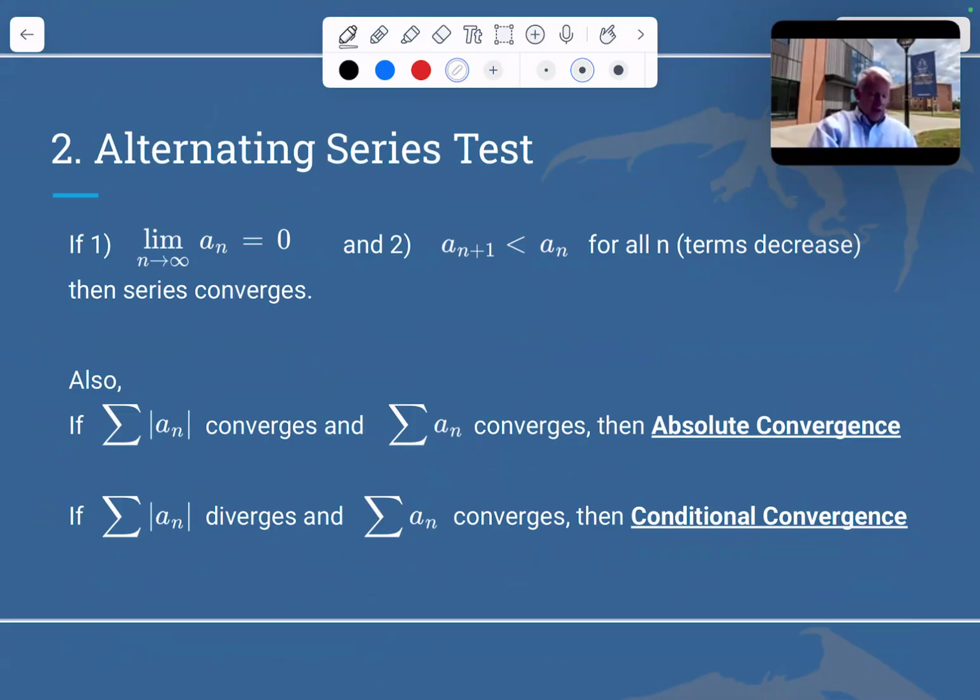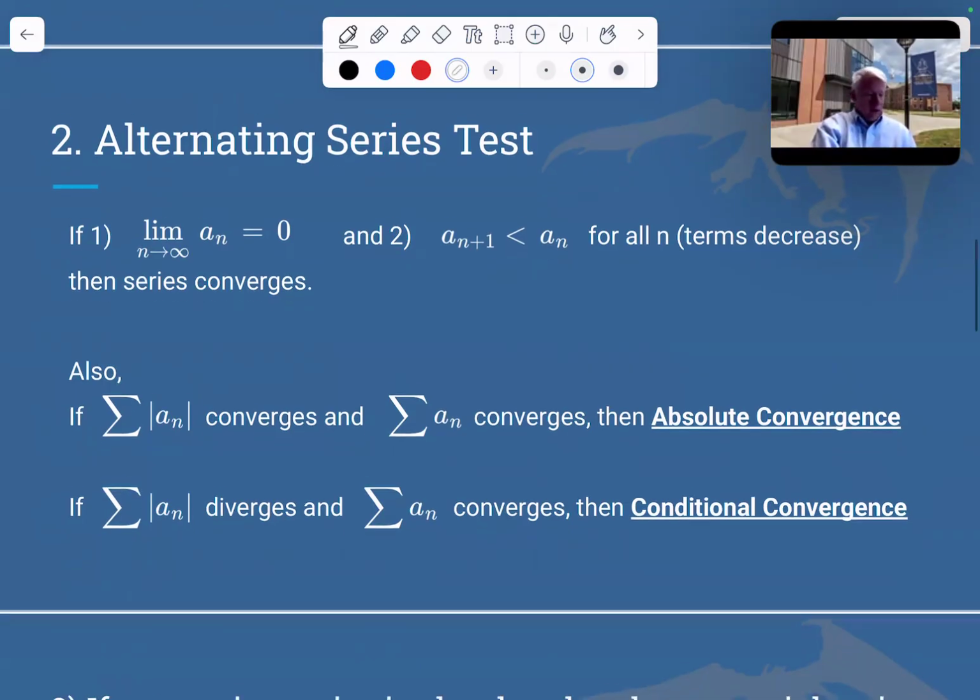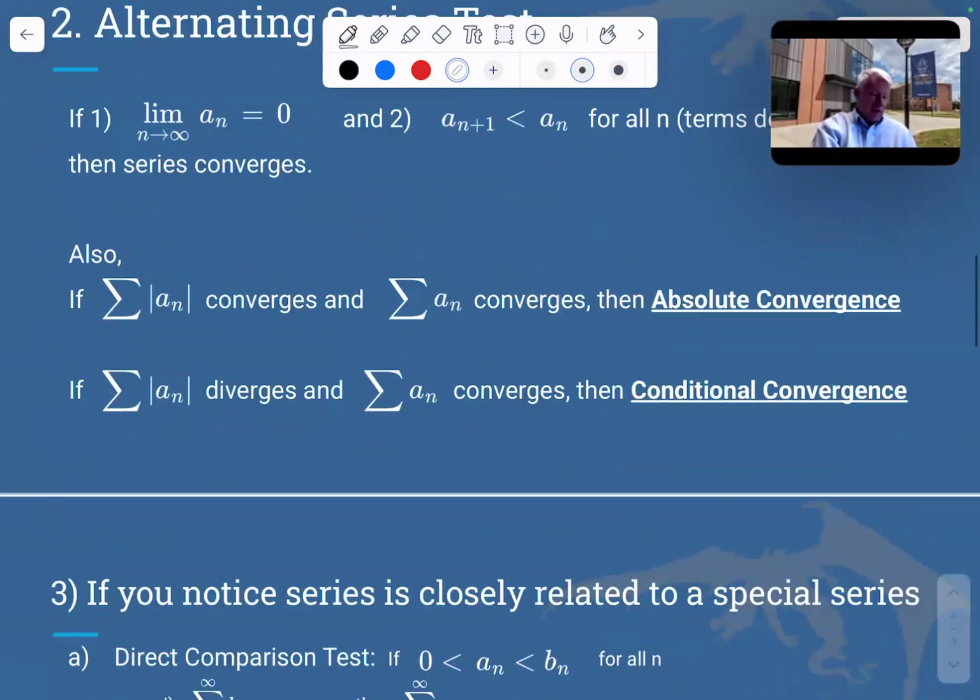Also, you need to know that if you take the absolute value of your a sub n term and it converges, and without the absolute value it also converges, then it's absolute convergence. Alternatively, if the absolute value diverges but the series itself converges, then you have what's called conditional convergence. So that's for the alternating series test.